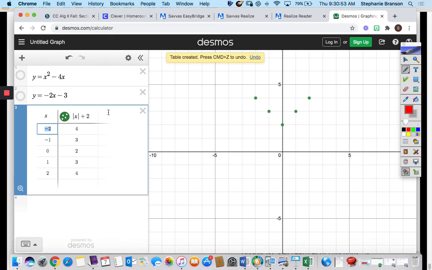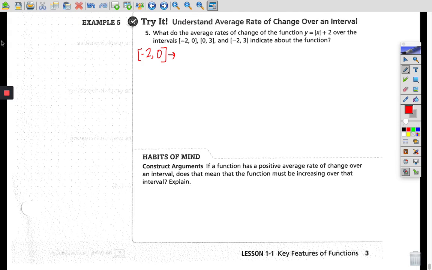So they're asking from intervals from negative 2 to 0. So at negative 2, my y value is 4. At 0, my y value is 2. So those are my 2 points that I'm going to use to get a slope. Remember that slope formula, y2 minus y1 over x2 minus x1, where we've got x1, y1, x2, y2.